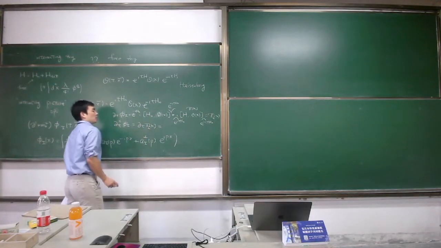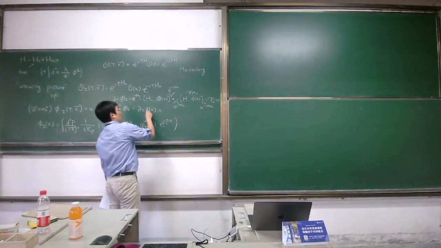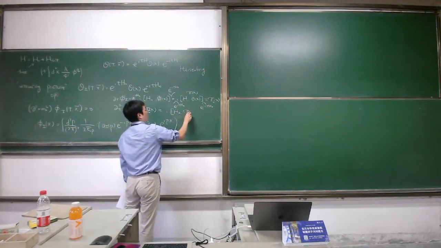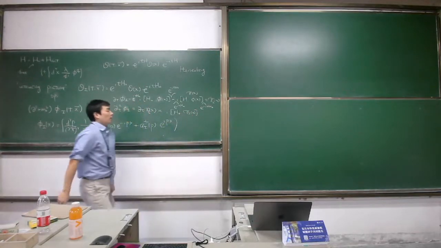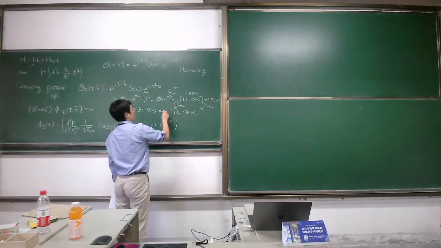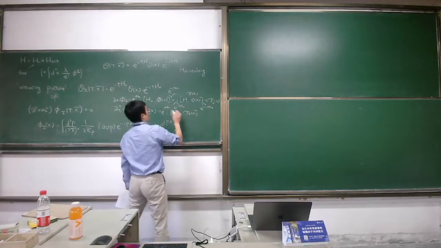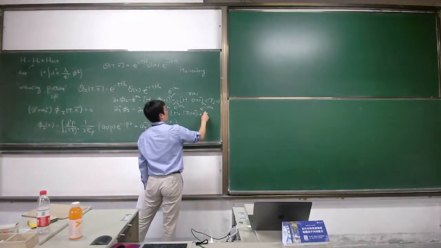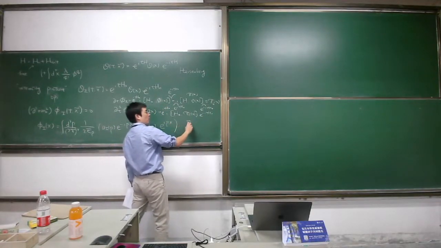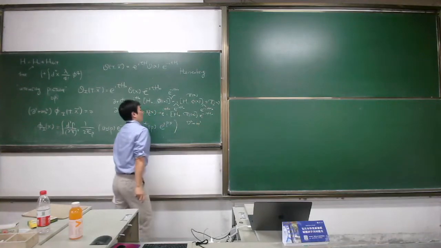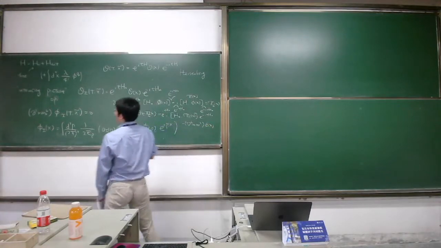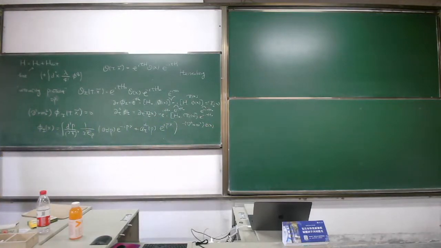And then we have again i times [H0, pi_I of x], with e to the i t H0 and e to the minus i t H0. In free theory, this is nabla squared plus m squared, maybe with a minus, acting on phi of x, and then you get this one.